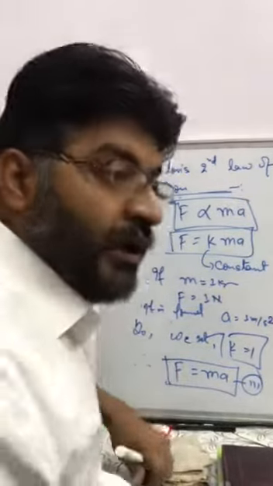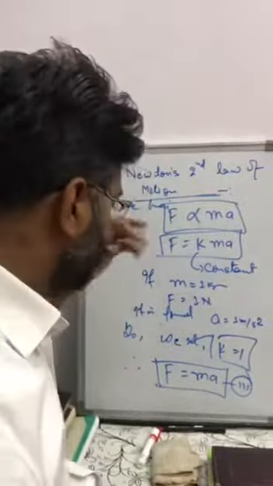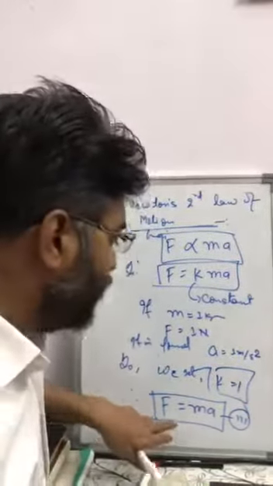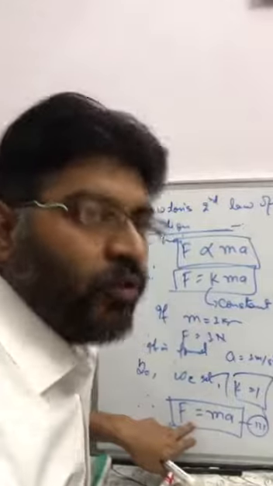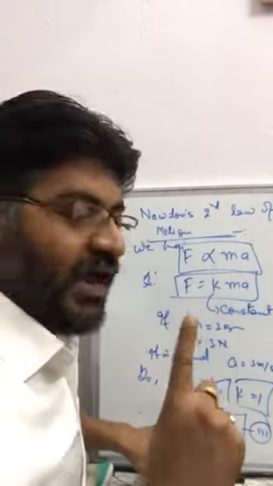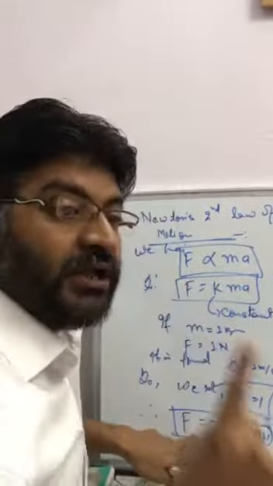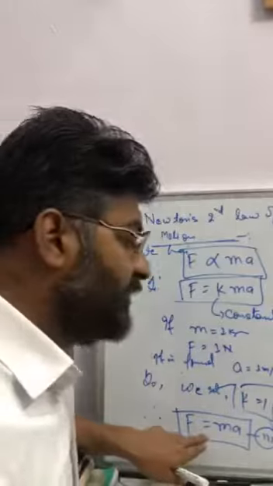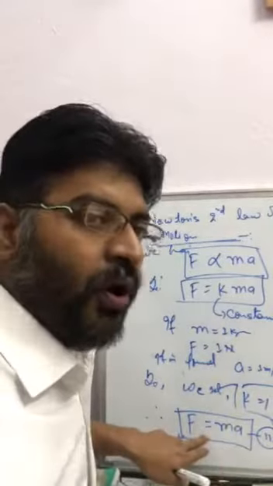Hence by Newton's second law, Newton discussed the numerical value of force. Like in the previous class, if the first law gives the definition of force, then the second law gives the numerical value of force.